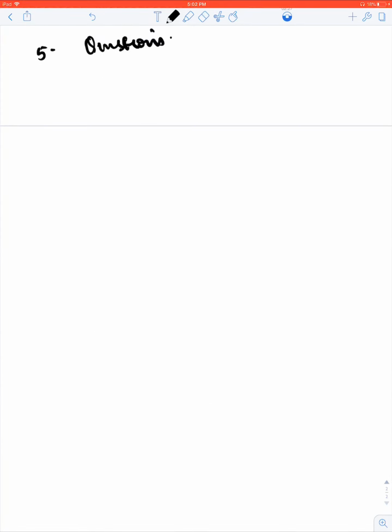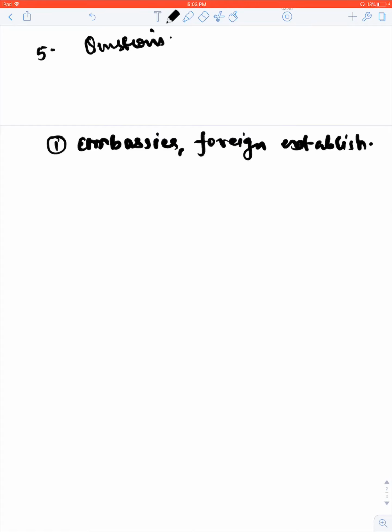So, what does it not include? It does not include embassies, foreign establishments, and military consulates of a foreign country. I'll tell you what it is.